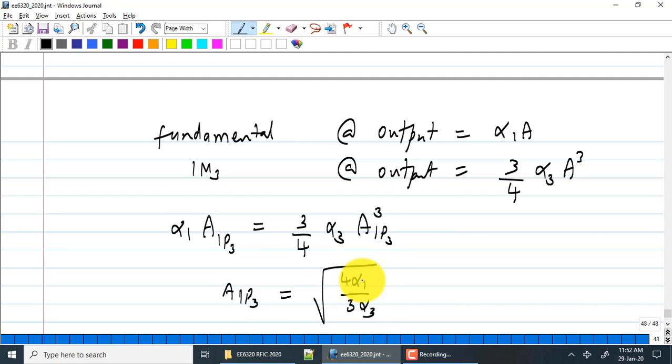Now you see that if alpha 1 were different, it doesn't matter. You can still directly compare alpha 3, because it tells you for a given gain how much lower the third order nonlinearity is.